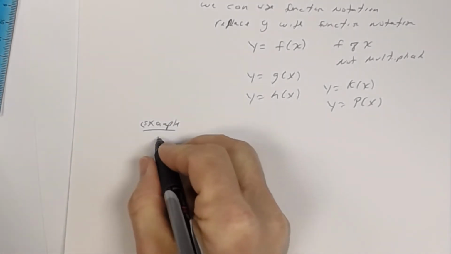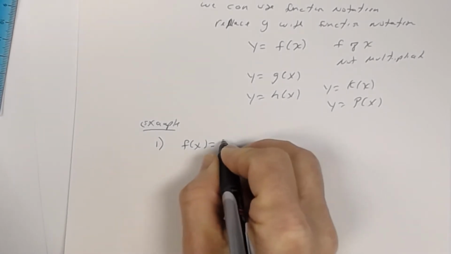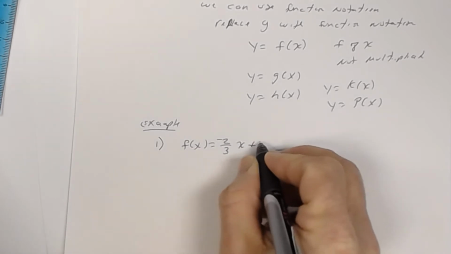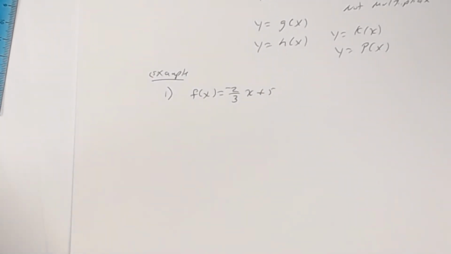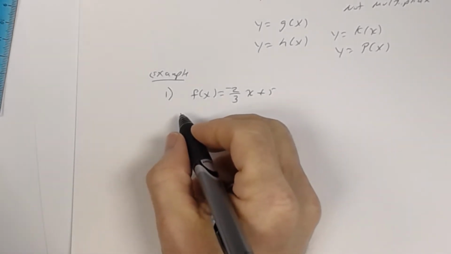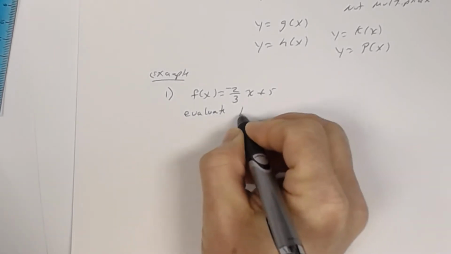So let's look at this example. Suppose that f of x was equal to negative 2/3 x plus 5. All right. And so when you evaluate a function, you're talking about something like this. I'm going to talk about the easy kind first. So something like this. Evaluate the following.